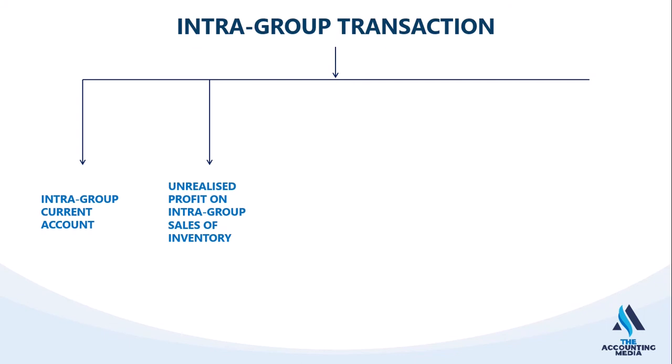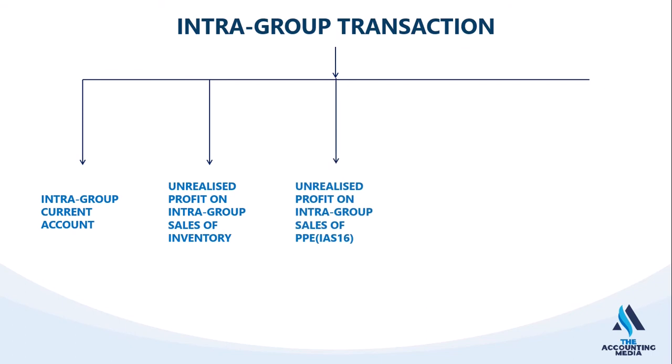Same thing too, if the subsidiary company is selling to the parent company, they are not expected to make profit from themselves. The only profit that will be recognized in the group account is the profit generated from the third party. So when we trade with ourselves and the goods are still part of our inventory at the end of the year, it may result in unrealized profit.